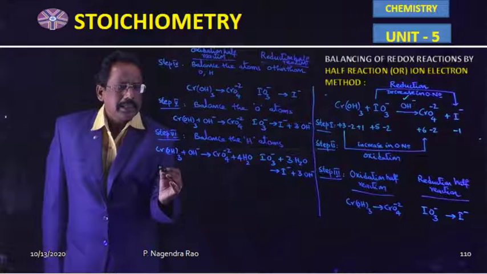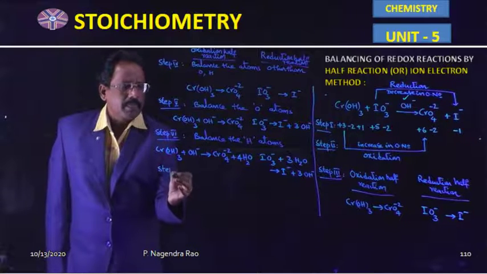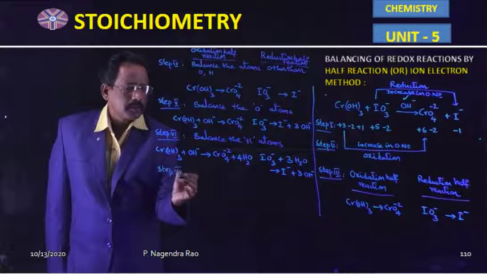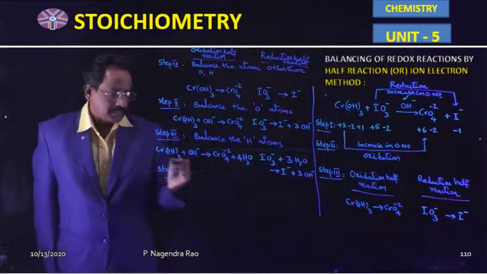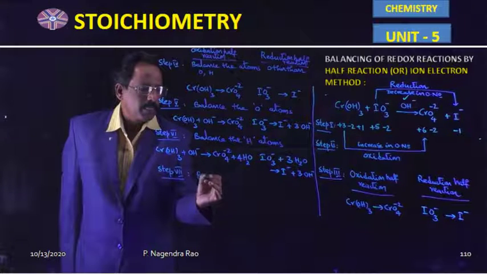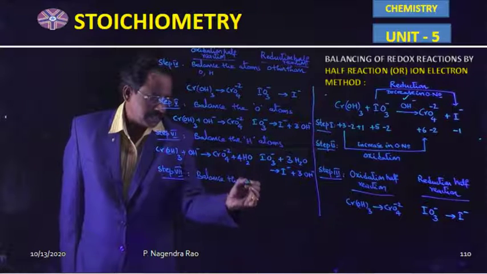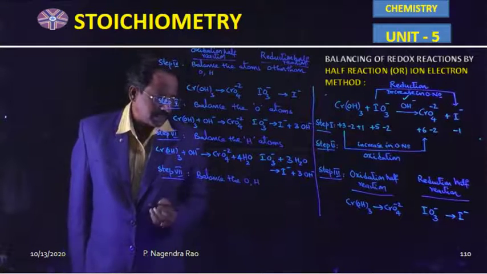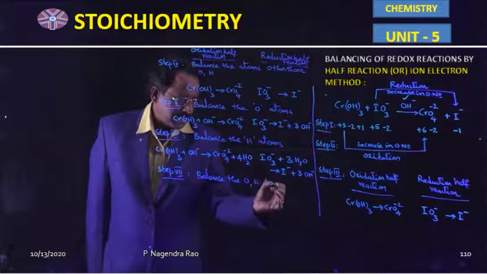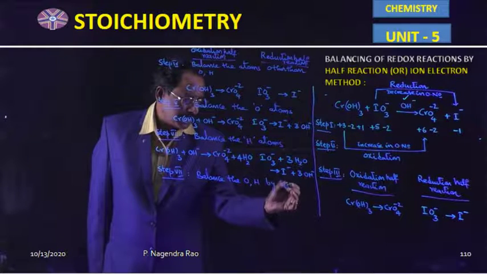That's why the next step is to balance the oxygen and hydrogen by hit and trial method.